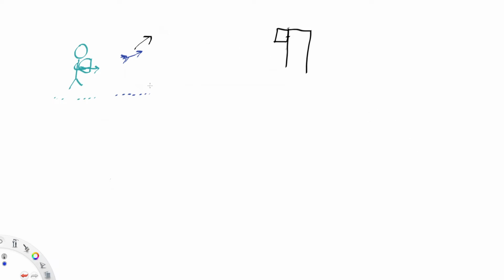Okay, so our initial speed is 30 meters a second, and we're told that the angle is 60 degrees.